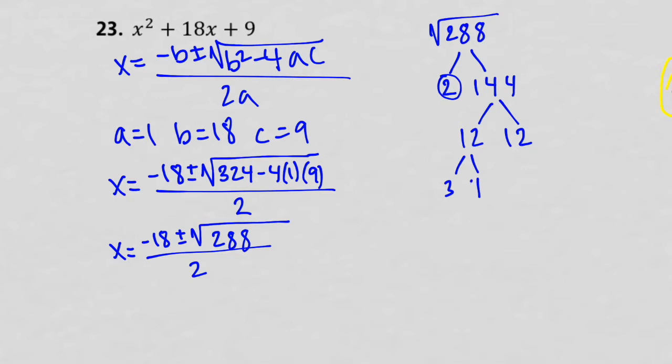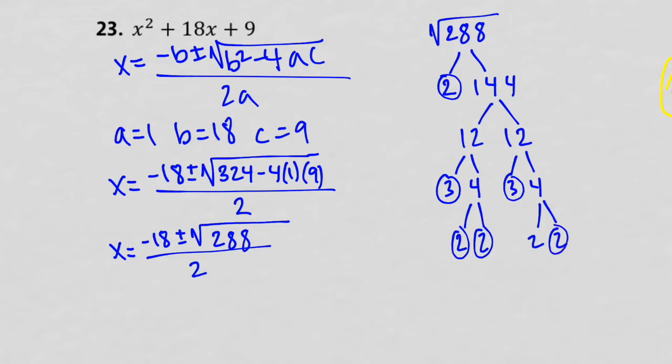This is 3 and 4, so the 3 is done, and this is 2 and 2, and now that's done. This is 3 and 4 again, the 3 is done, and this is 2 and 2 again, and now those are done. So what you have is the square root of, looks like 1, 2, 3, 4, 5 2's.